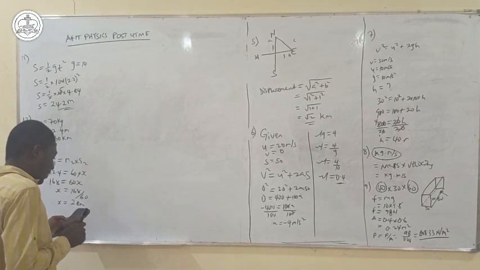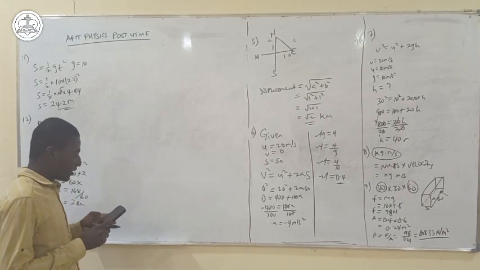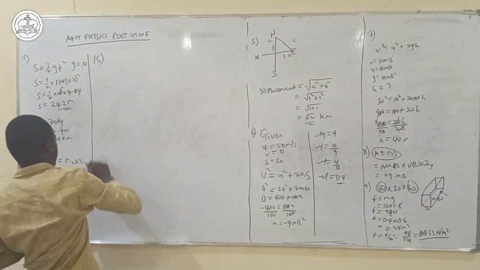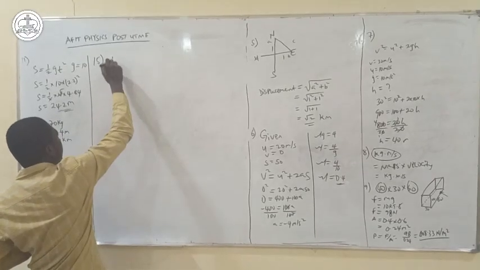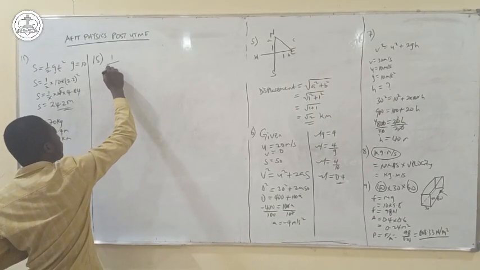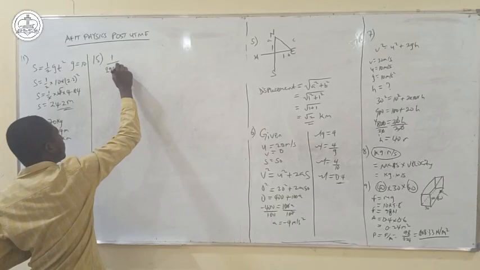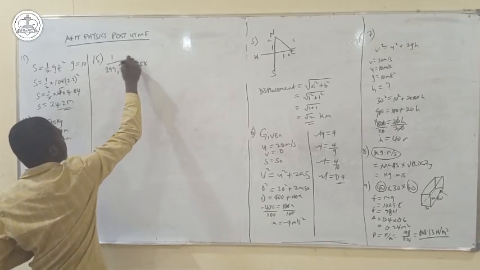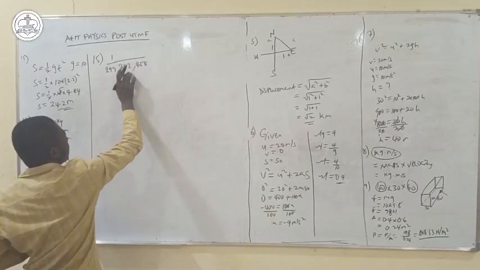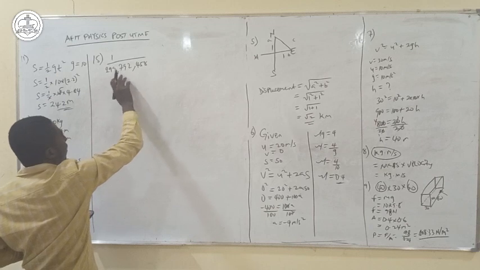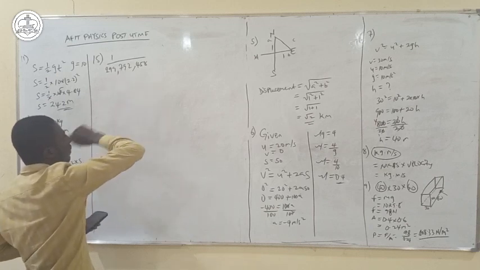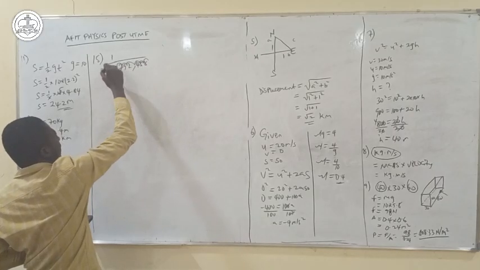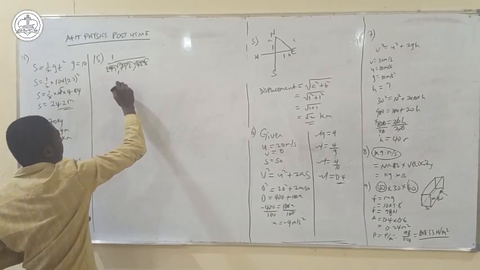Today, the meter is defined in terms of the speed of light. It is the distance light travels in 1 over 299,792,458 of a second. What's this number? It is 299 million, so we can say 3 times 10 to the power 8.